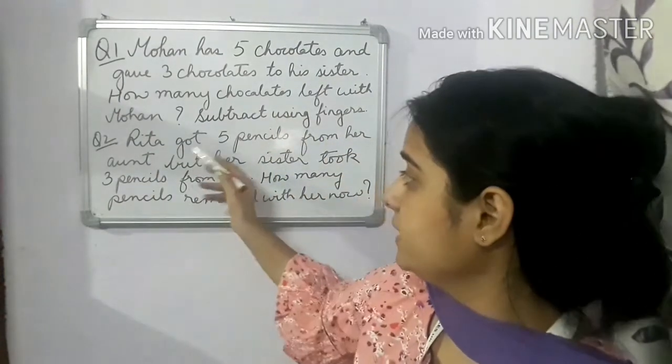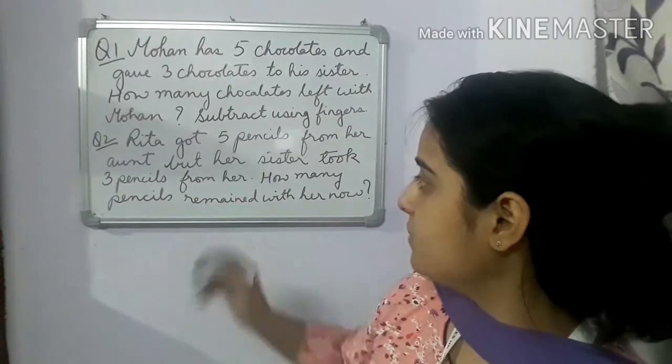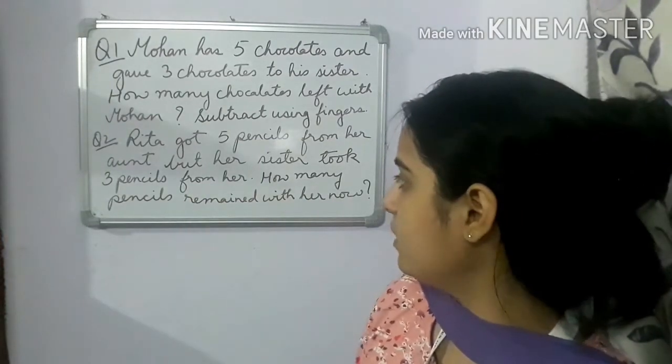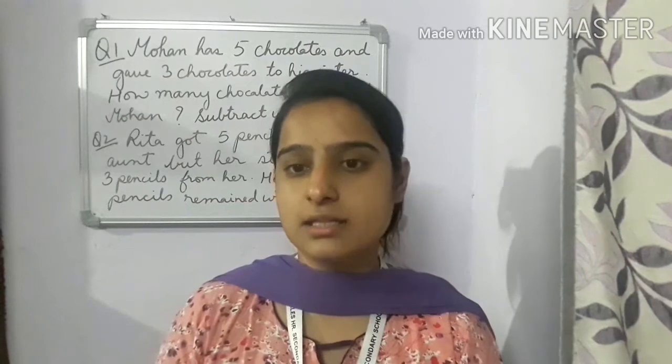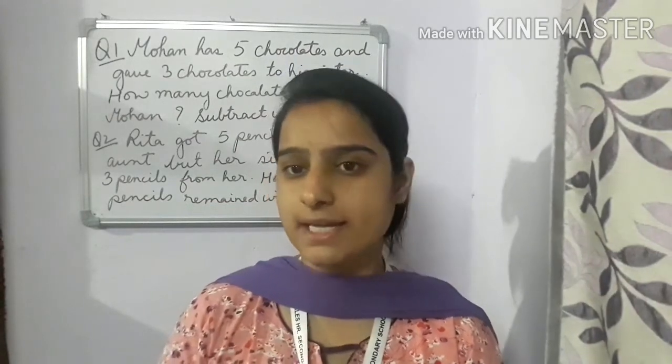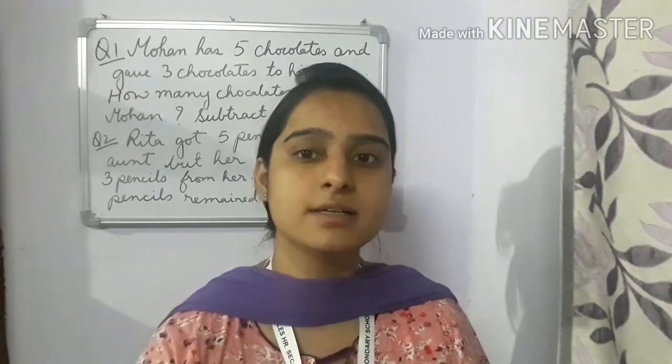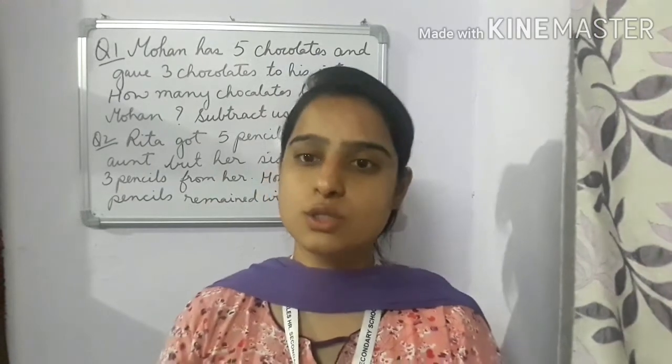Number 2, Rita got 5 pencils from her aunt, but her sister took 3 pencils from her. How many pencils remain with her now? So children, this also applies in our day-to-day life. Suppose we get a gift from our aunt, from our relatives, right? So what happened? Our younger ones also want some of it.